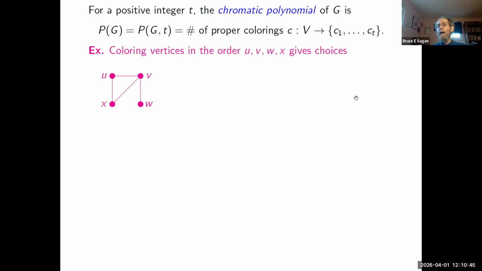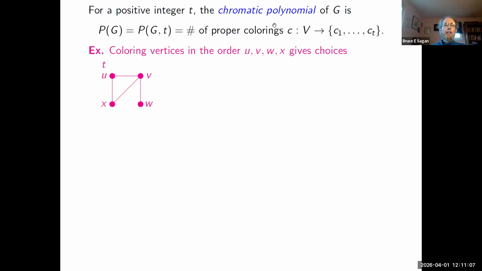Let's take our example graph and let's color the vertices in order U, V, W, X. Just go around the graph clockwise like that. Well, when I start off coloring U, I've got T choices, right? Because I can use any one of the T colors in my set. What happens when I get to V?